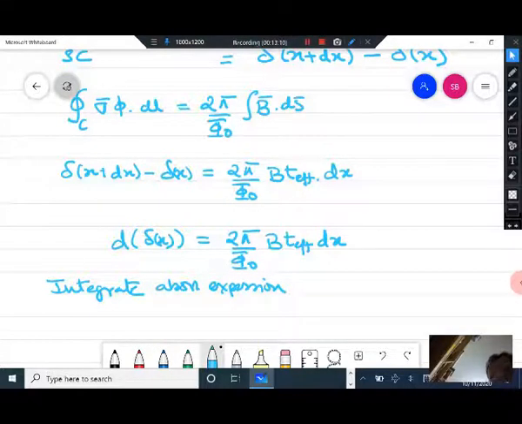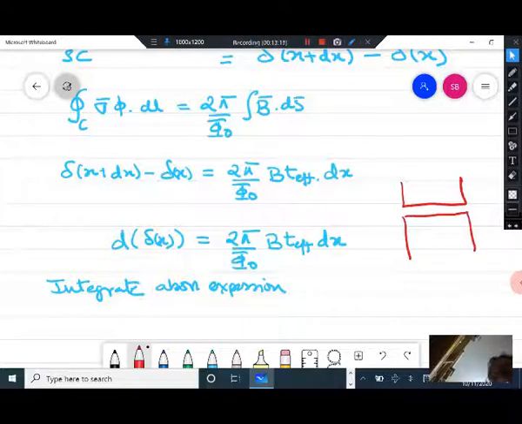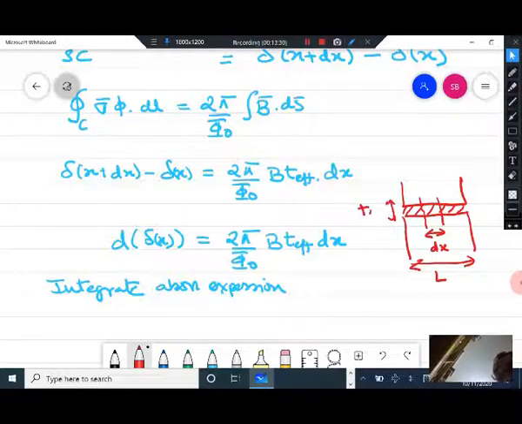So if this is your Josephson junction, and I take a small distance dx along this junction, if the total length of the junction is L and T effective is the effective thickness of the junction, and I have applied a magnetic field to the junction, then along this dx, how much is the net phase change?